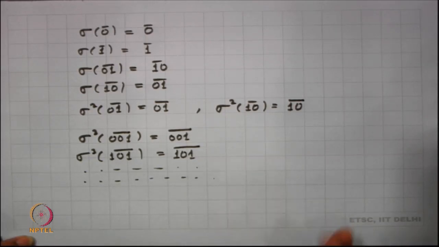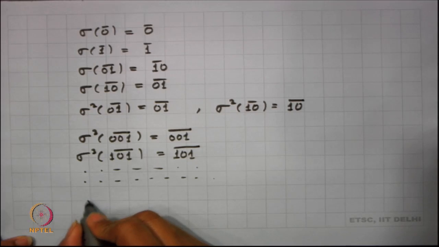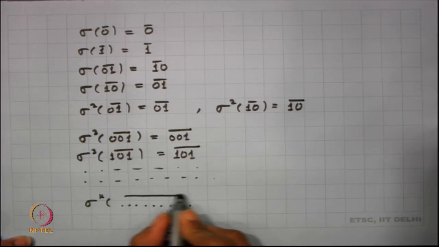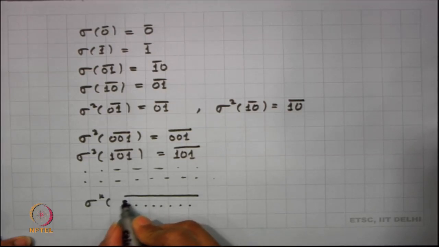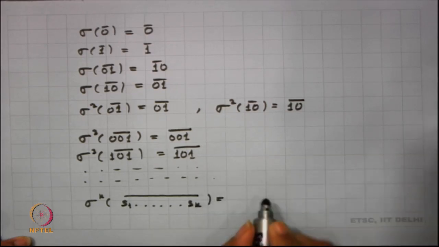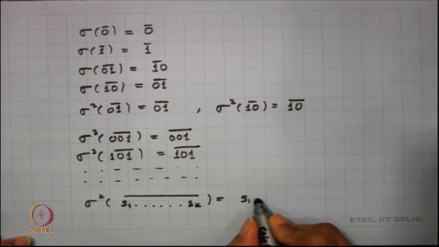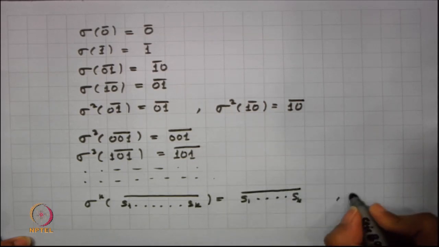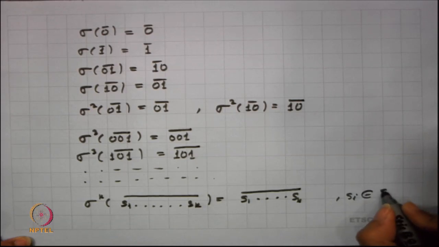Supposing I have a sequence of length k repeating itself, then sigma k of that particular sequence, written in terms of S1 up to Sk, is nothing but my S1 Sk bar, where my Si's belong to 0 1.